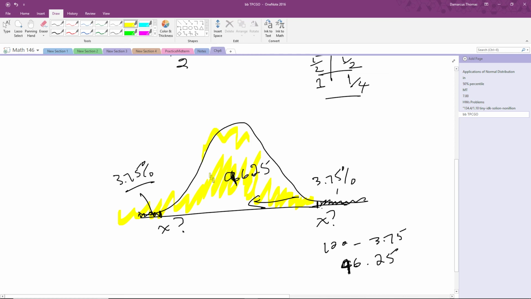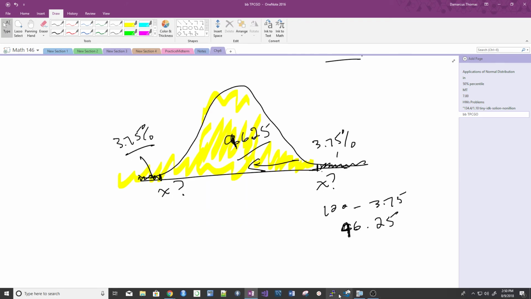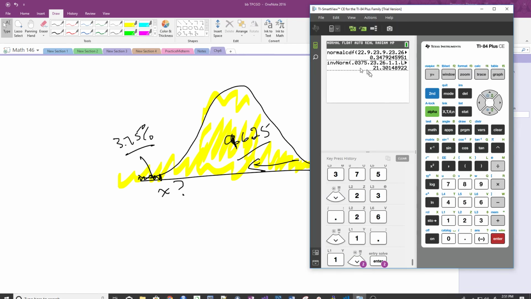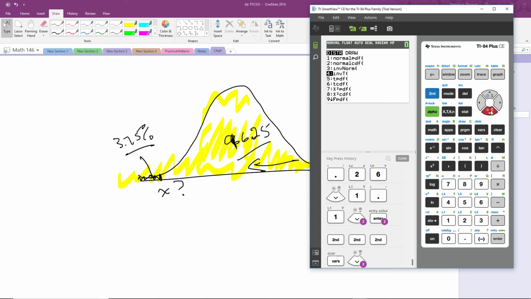Everything to the left is 96.25 there. Now I probably could do to the right as well.